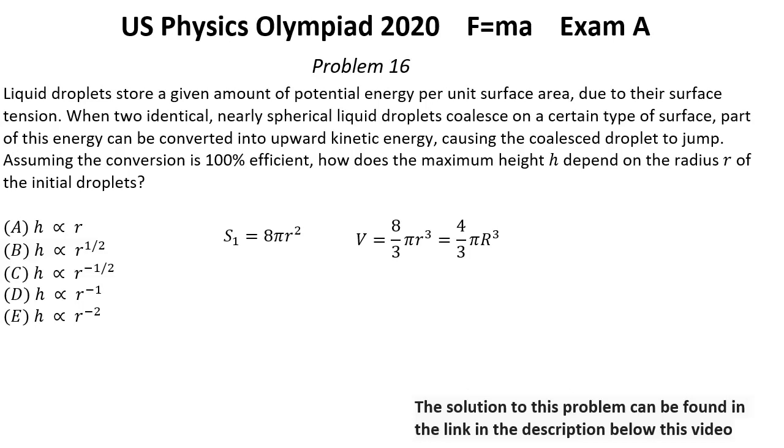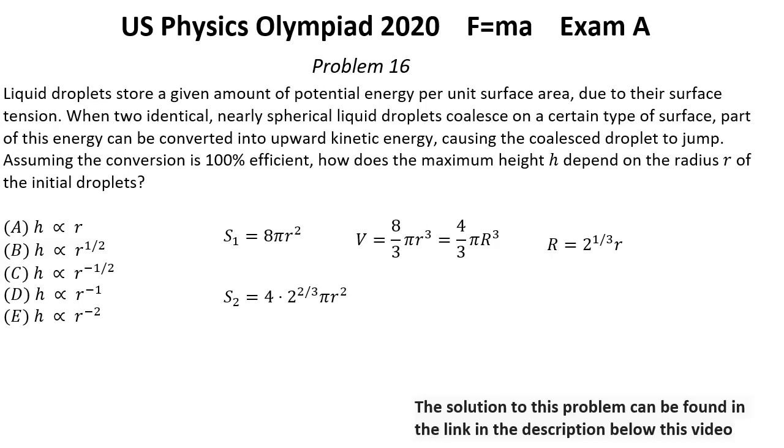So from here R equals the cube root of 2 times r, and the surface area of the new droplet equals 4^(2/3) πr².